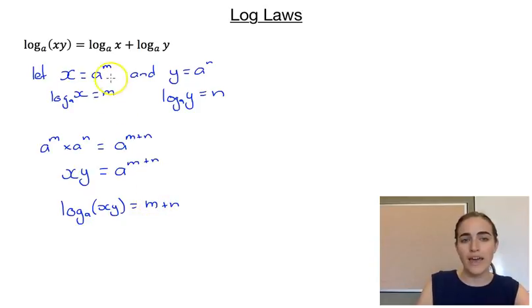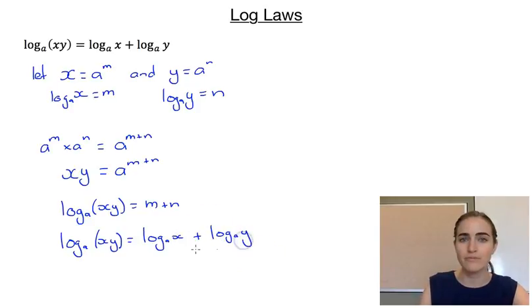But we know that m is log to the base a of x, and we know that n is log to the base a of y. So rewriting that, log to the base a of xy is equal to log to the base a of x plus log to the base a of y. So that's that first law proven.